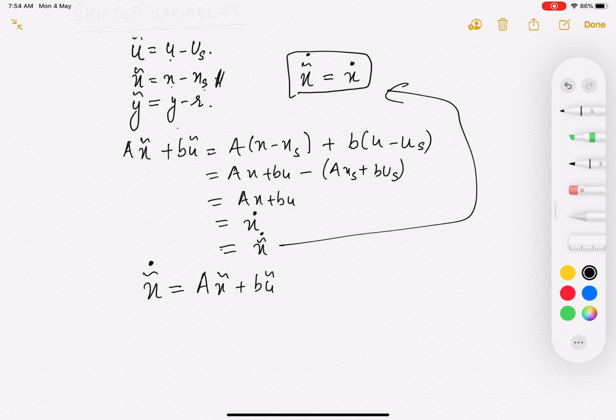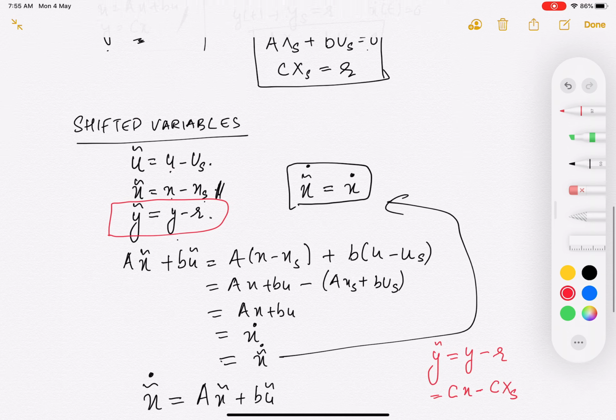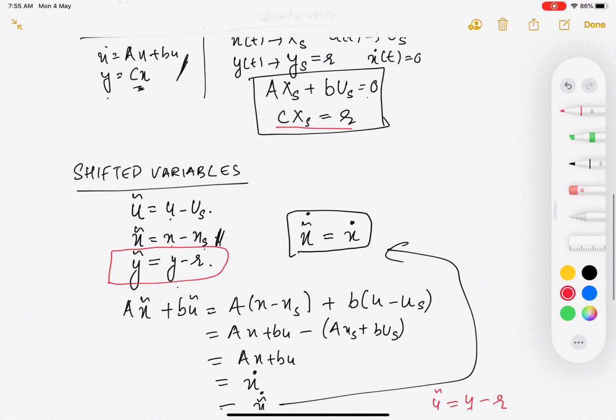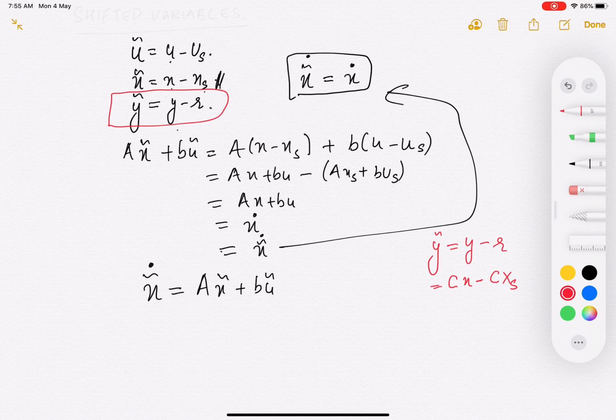And the second equation, y tilde is equal to y minus r. You can write this as cx minus c xs, because you know that your r is c xs and your y is cx.